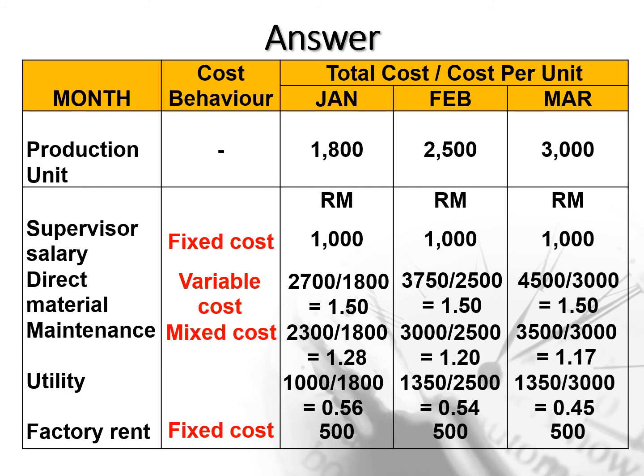And in March, RM1,350 divided by 3,000 units equals 45 cents. Here, you can see that the cost per unit at all production levels is not the same. So, utility is mixed cost.